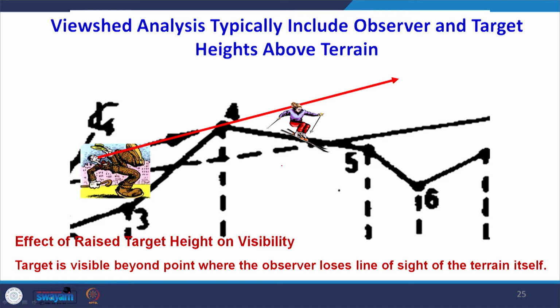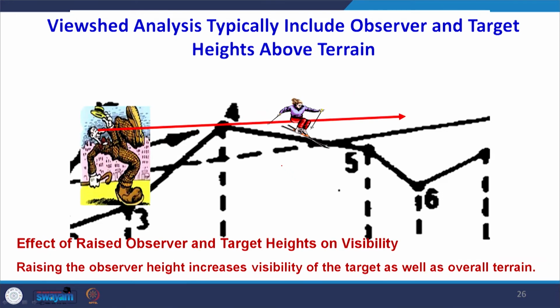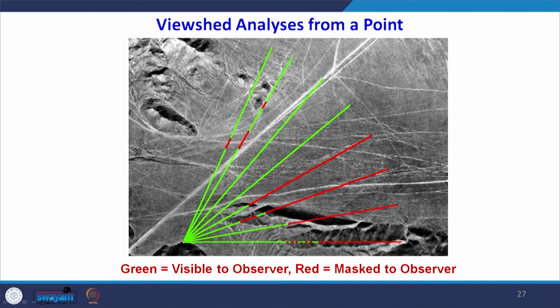So you can work out how much the height of the target should be, according to the topography of the ground and the point we have to reach, in order to establish the visibility between the 2 points, so that the point is visible to the next.